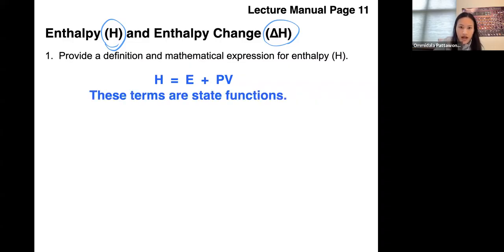All of these are state functions, which means that they do not depend on path. It doesn't matter how they reach the final state. It only matters what the difference is between the final and the initial. That's what a state function means. So this is enthalpy.